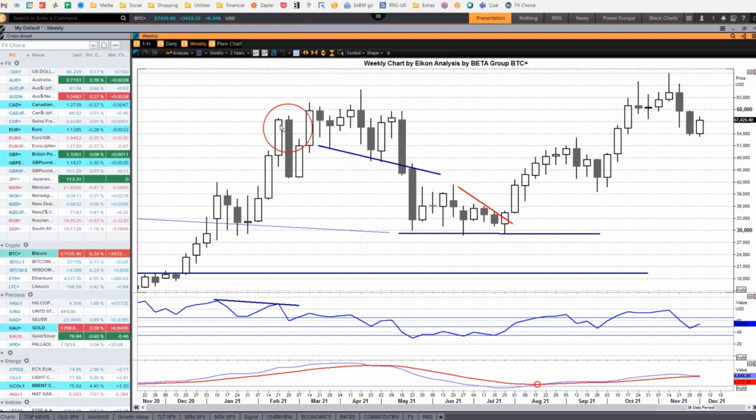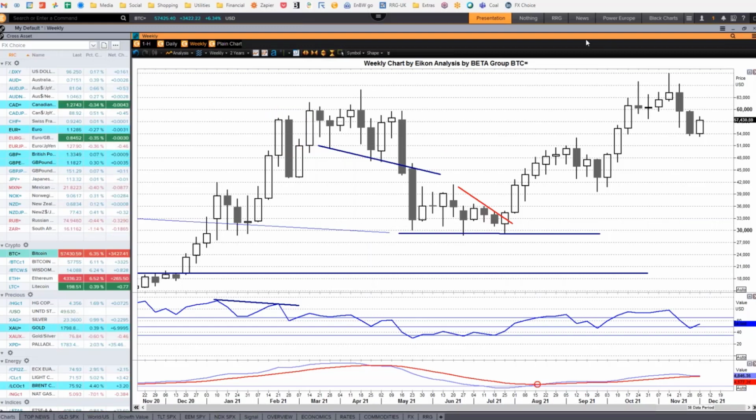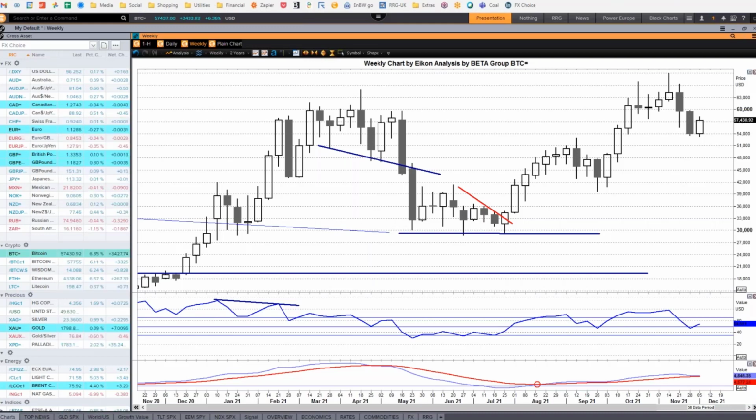I'll do that later, but let's take it off now. Big support area here. We're back at it. We're stabilizing at it, and above this level here. So A, B, C, D, E. Maybe this is about to make F. So I think that is the most likely thing to happen. And this is the best looking of the three.